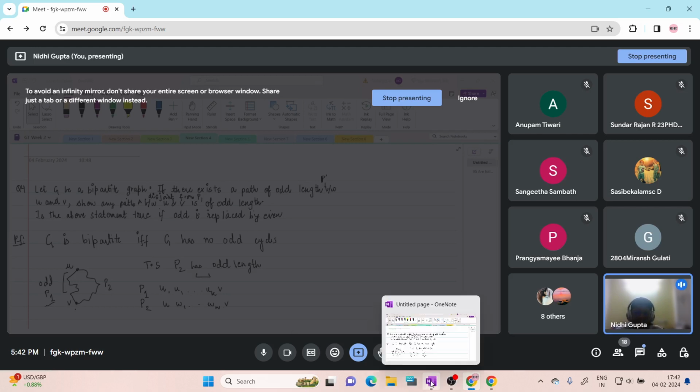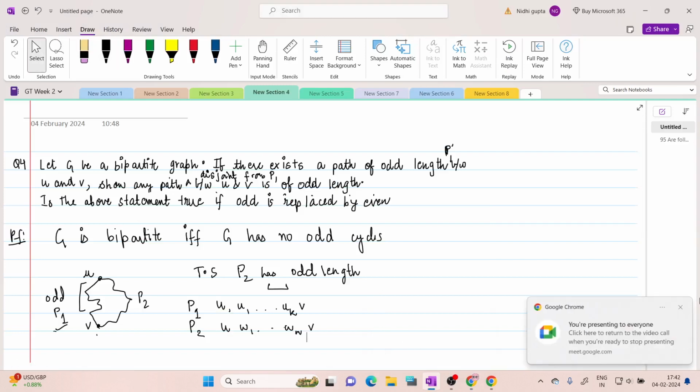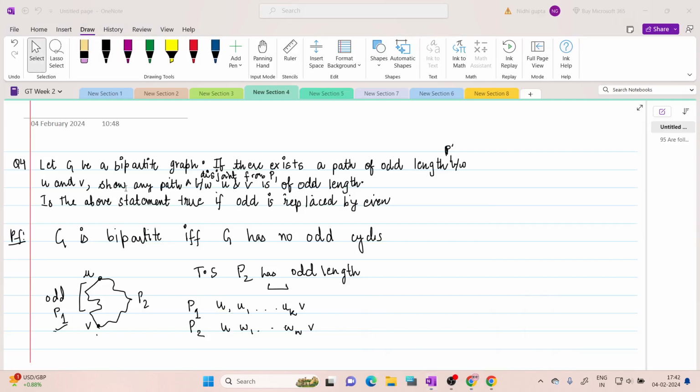G is bipartite if and only if G has no odd cycles. So if there exists a path P1 of odd length, then any path disjoint from P1 between U and V is of odd length.